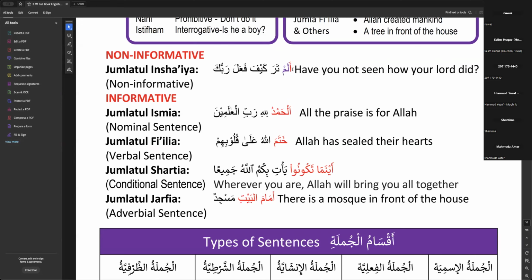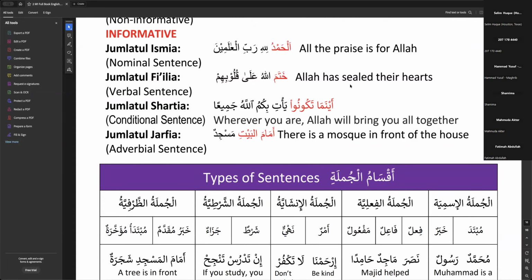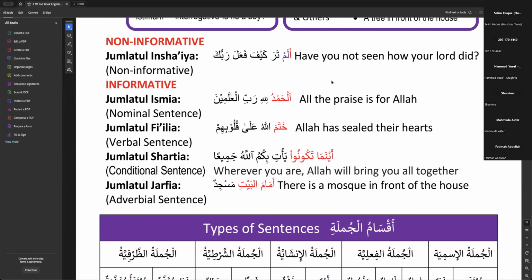Now here, in alam tara, as you can see, the hamza has been highlighted in red and the lam in purple. Is there anyone in the group who can tell me what this means? You can come forward, unmute your speaker and tell me. The alif is alif istifham.